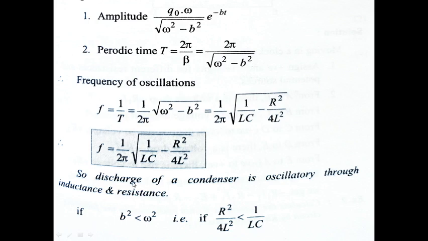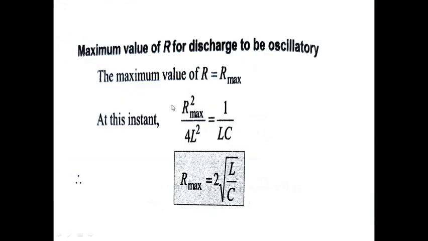So discharge of condenser is oscillatory through inductance and resistance. But what is the condition? That b square should be less than omega square. Means R square upon 4L square is less than 1 upon LC. From this expression we can find out the maximum value of resistance for a discharge to be oscillatory. What should be the value of resistance we should use so that the discharge is oscillatory?